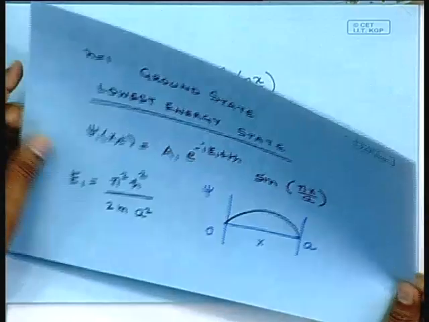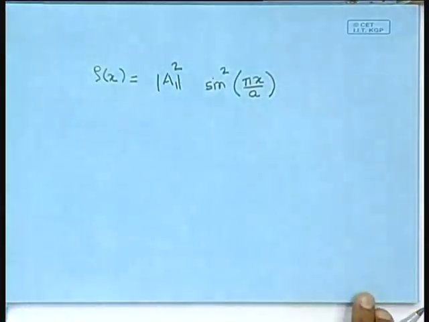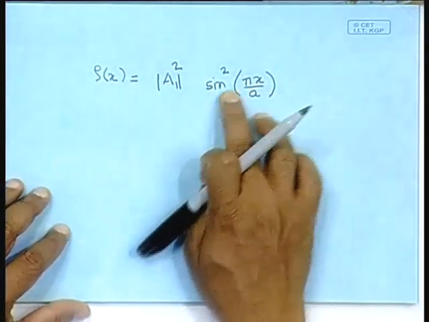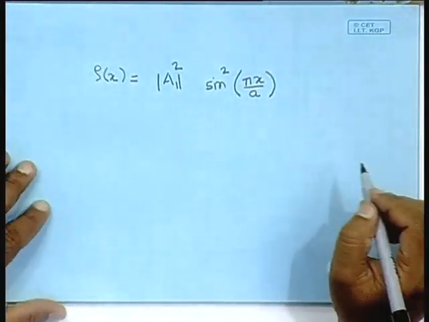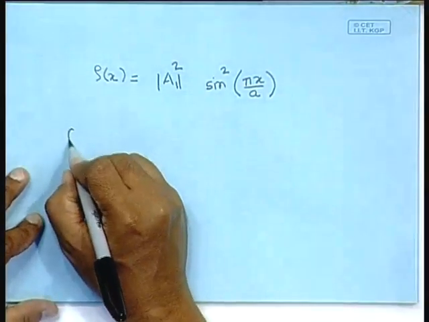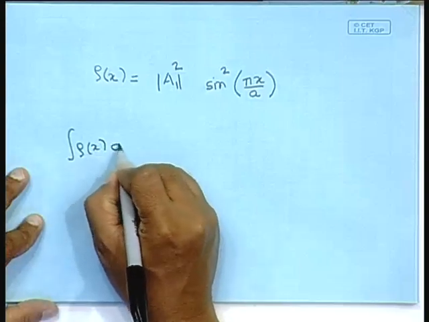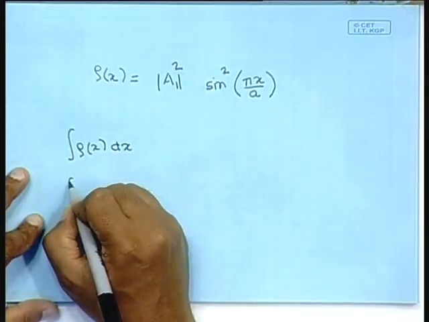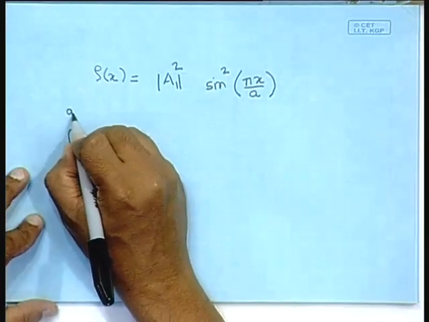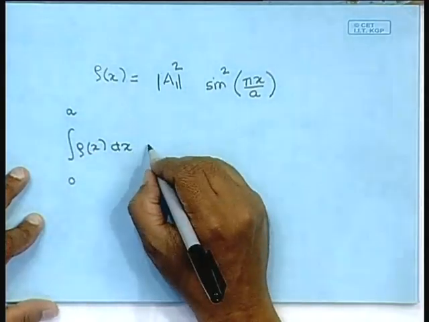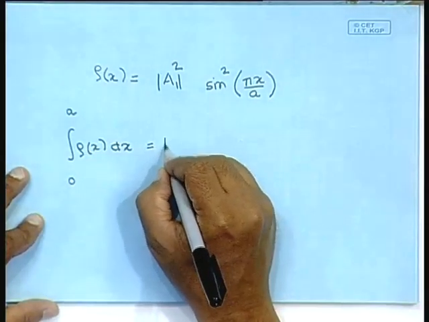In the ground state, the probability falls off as sine square pi x by a, so this function falls off towards the edges, and the total probability of finding the particle somewhere inside that range, the integral from 0 to a of rho x dx, has to be equal to 1.